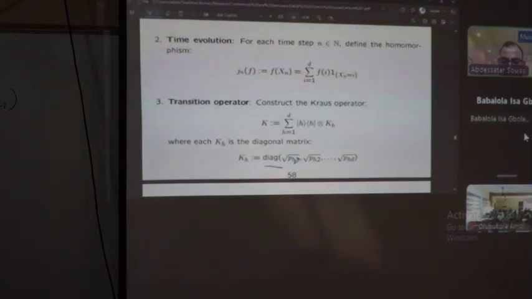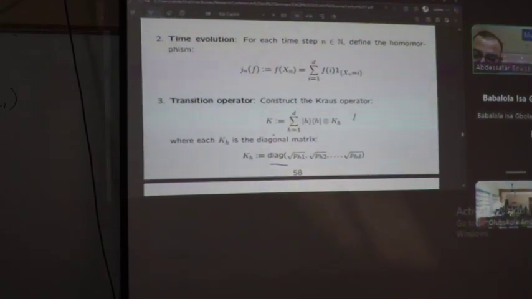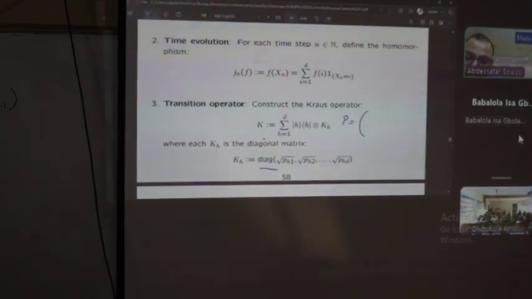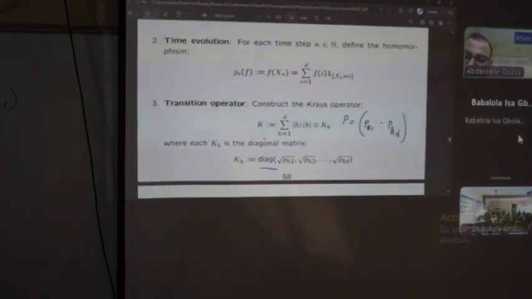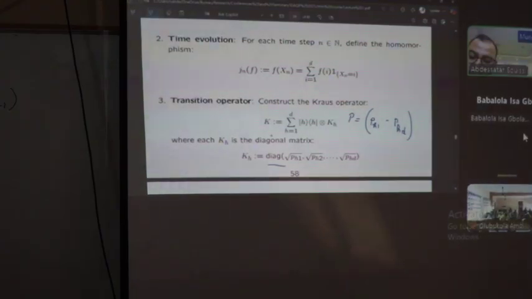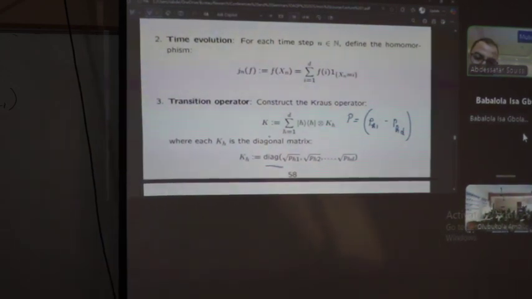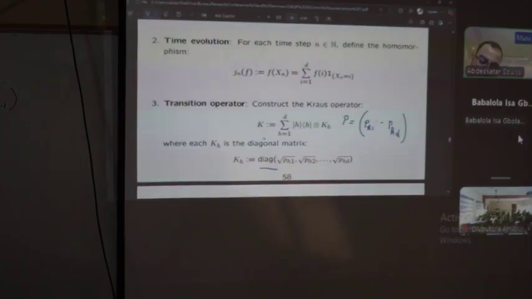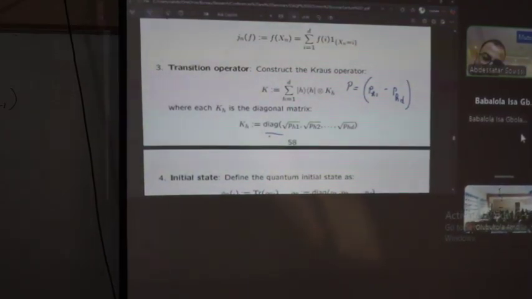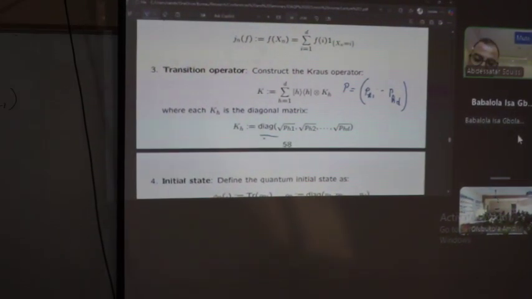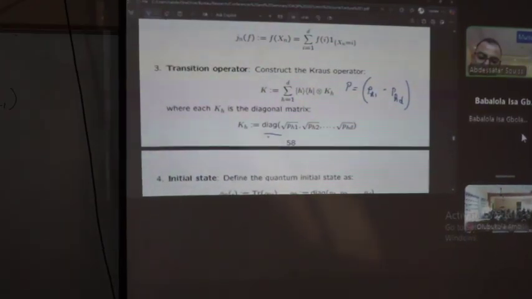You see? Because as you see here, this KH is a diagonal matrix associated with the line of the classical stochastic matrix that defines the Markov chain.